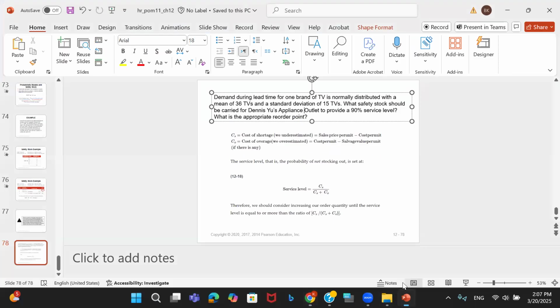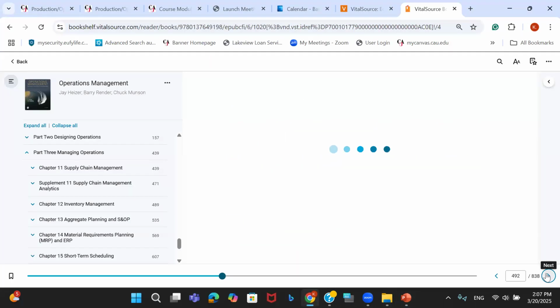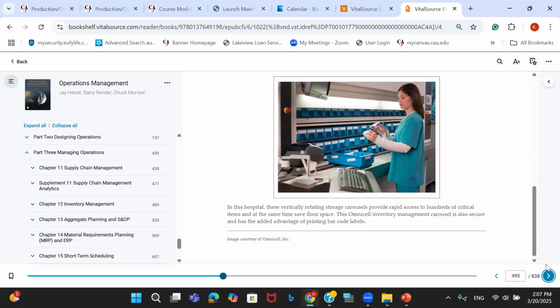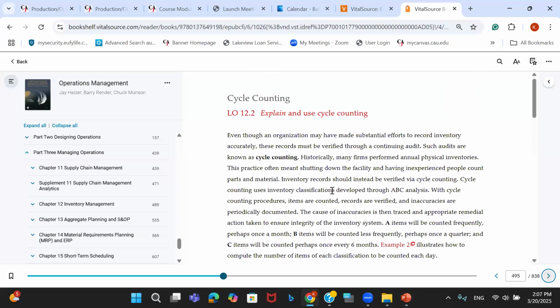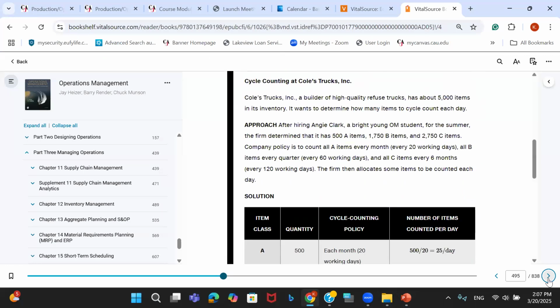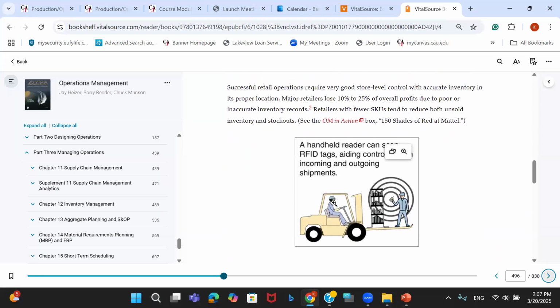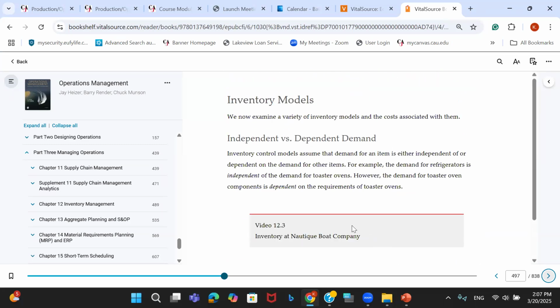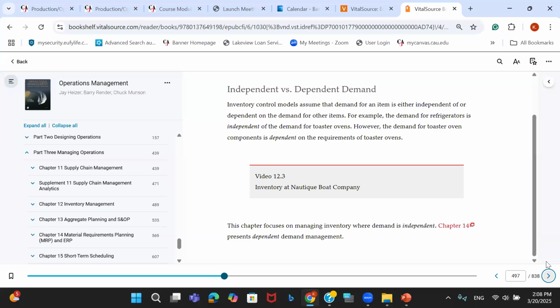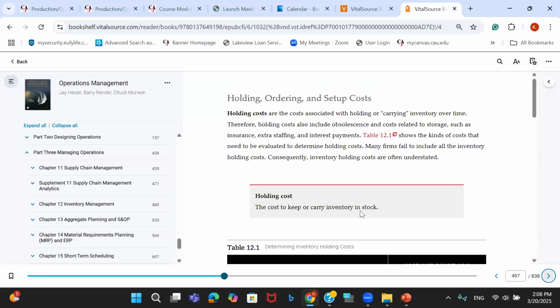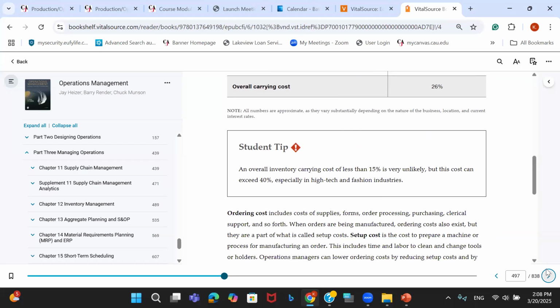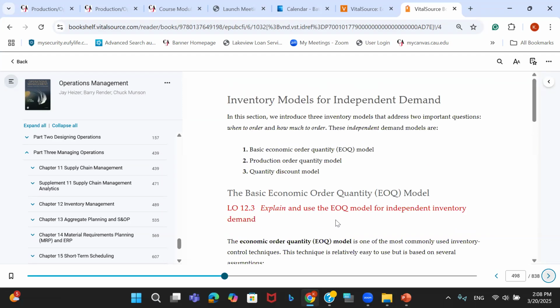I should put the page number here. This is our textbook I'm using. This is the cycle counting, which we did. So when you study for the test, you need to use the book, definitely, not just the PowerPoint. Inventory models, holding cost, definitions.